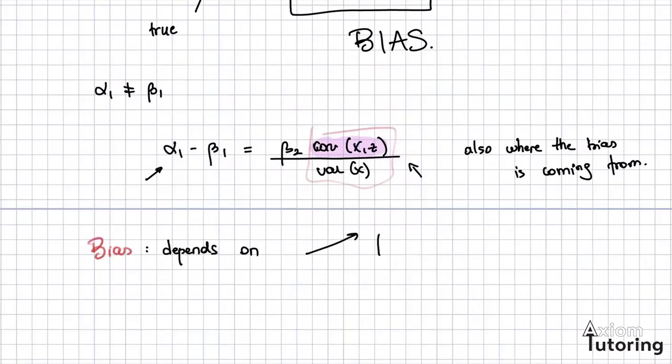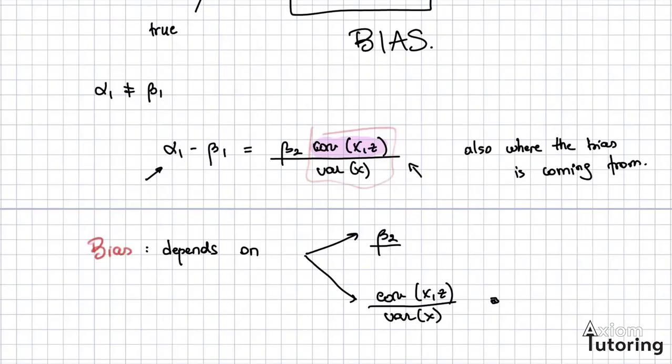It depends on beta 2, and it depends on this covariance xz divided by the variance of x. Where beta 2 is the true effect of the omitted variable, and this next term is telling us how strongly z is correlated with x. Now, both must be non-zero for the bias to exist, because if any of these is zero, that means the entire bias will be zero.